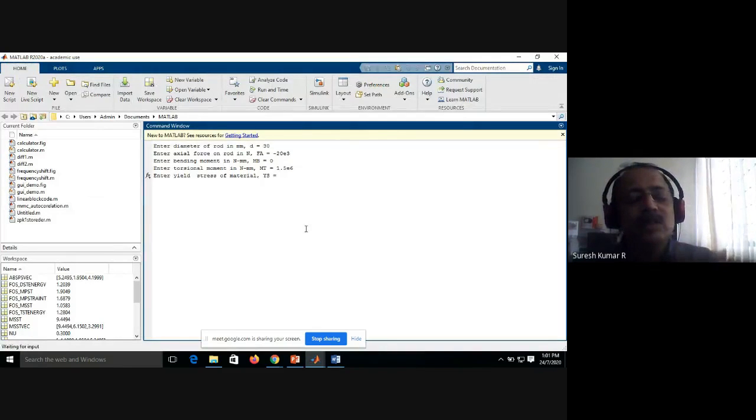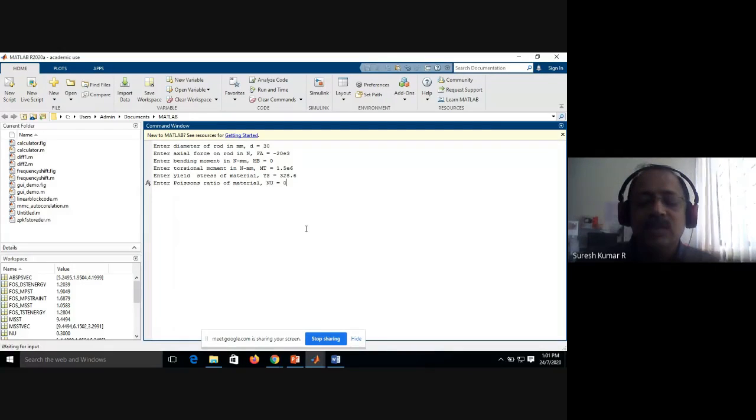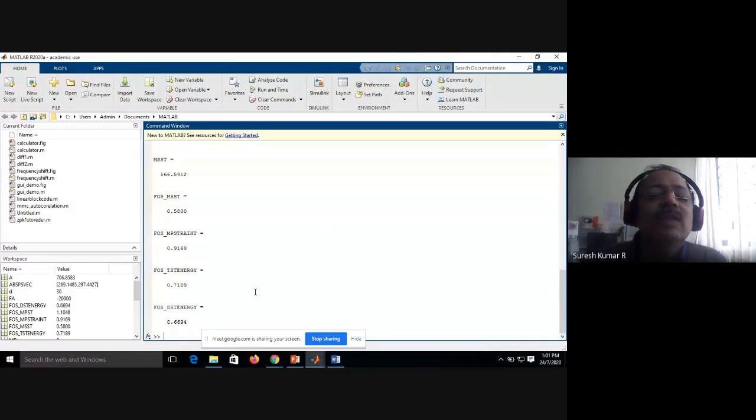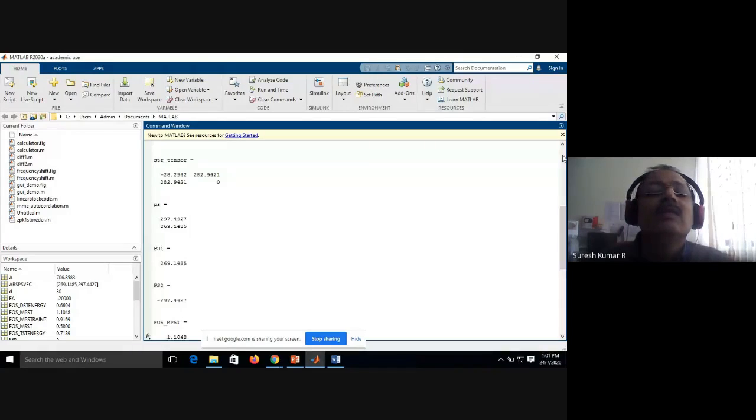Then yield point stress 328.6 and Poisson's ratio is 0.3. Now with that I get the various factors of safety: according to distortion strain energy theory, total strain energy theory, maximum strain theory, maximum shear stress theory, and maximum principal stress theory. All the 5 different theories of failure, so you can see here.